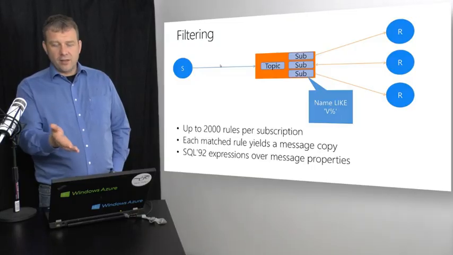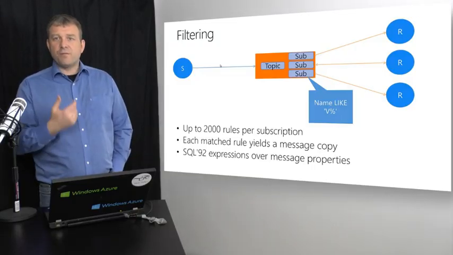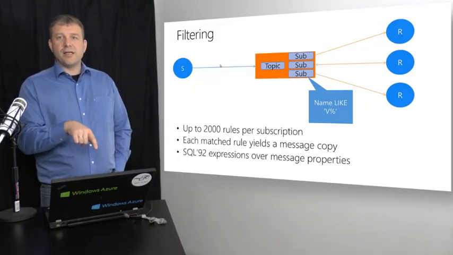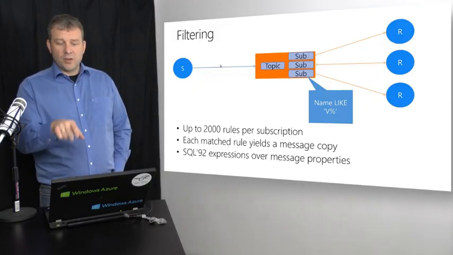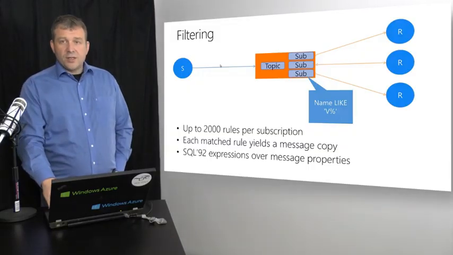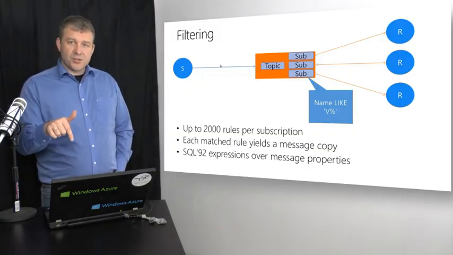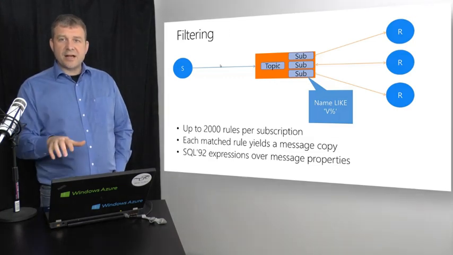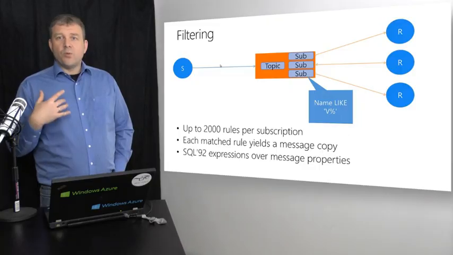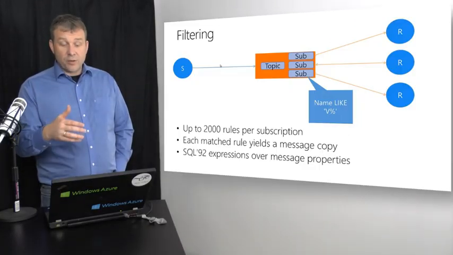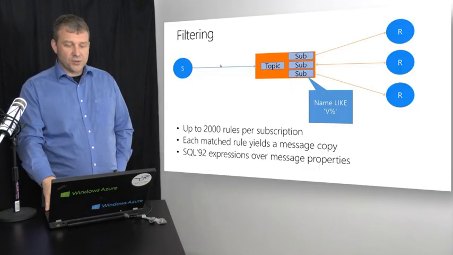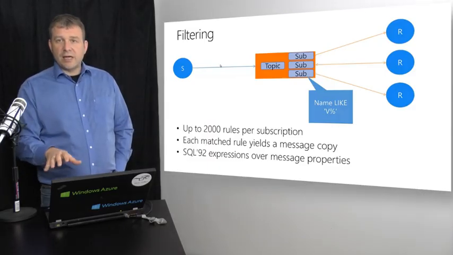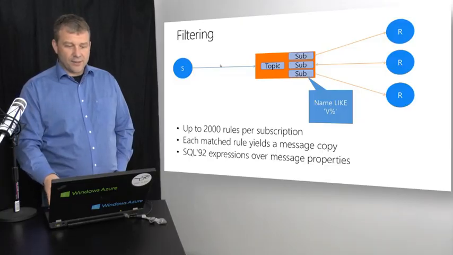So all the last names in this case that start with V, like mine, would be eligible for this, and all the messages containing anything else would not be eligible for that particular subscription. So every rule that matches yields a message copy, and there are also actions associatable with those rules. I'm going to get to those once we get down to those features. There's a SQL 92 kind of language. I'm also going to show you that a little later.